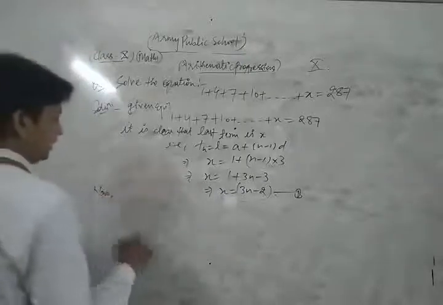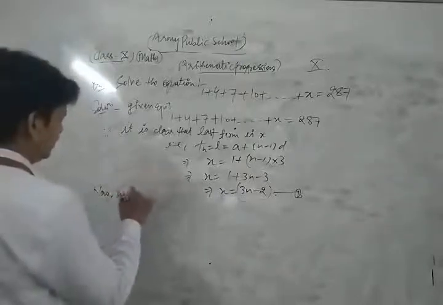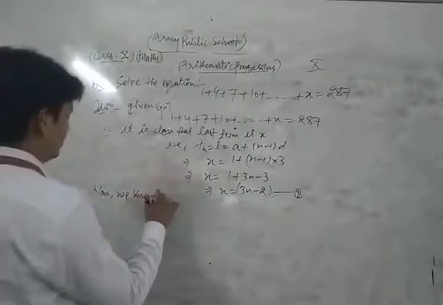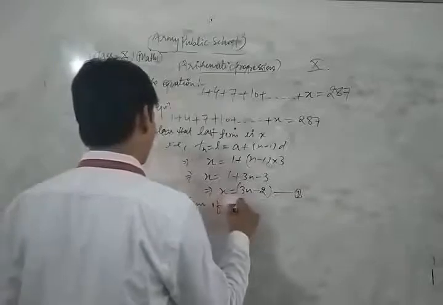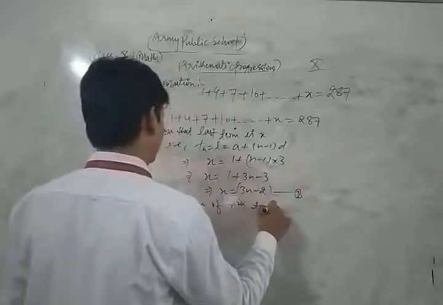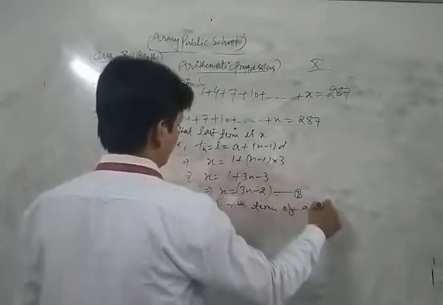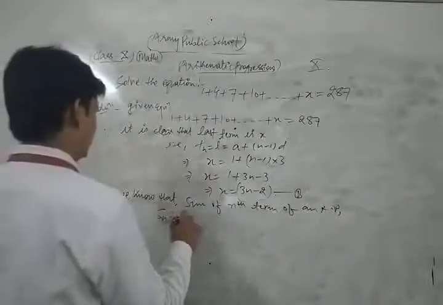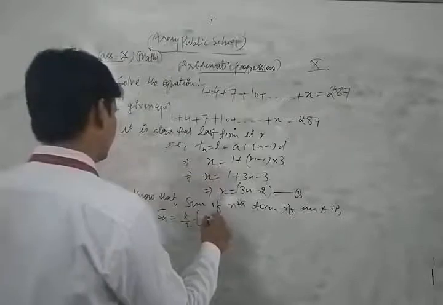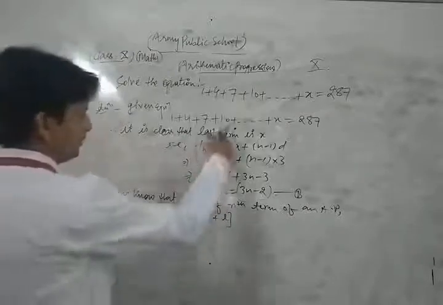Now we apply the sum formula. We know that the sum of n terms of an AP, Sn, is equal to n by 2 in bracket a plus l. So here we apply that formula.